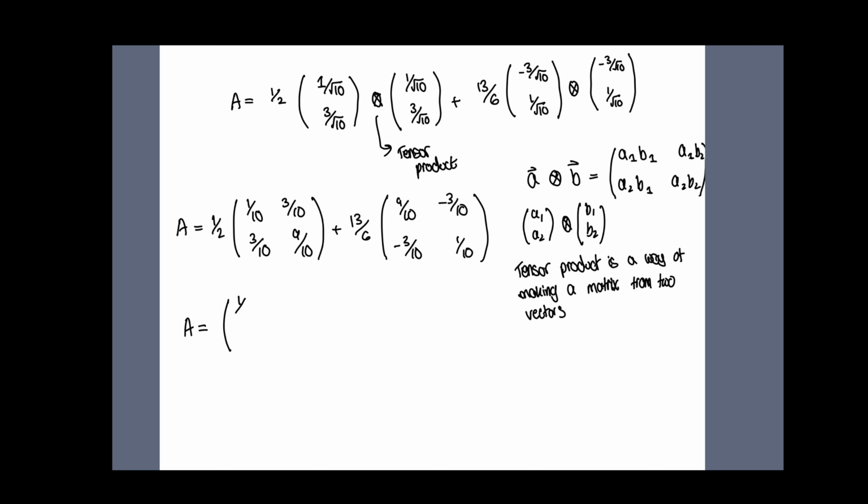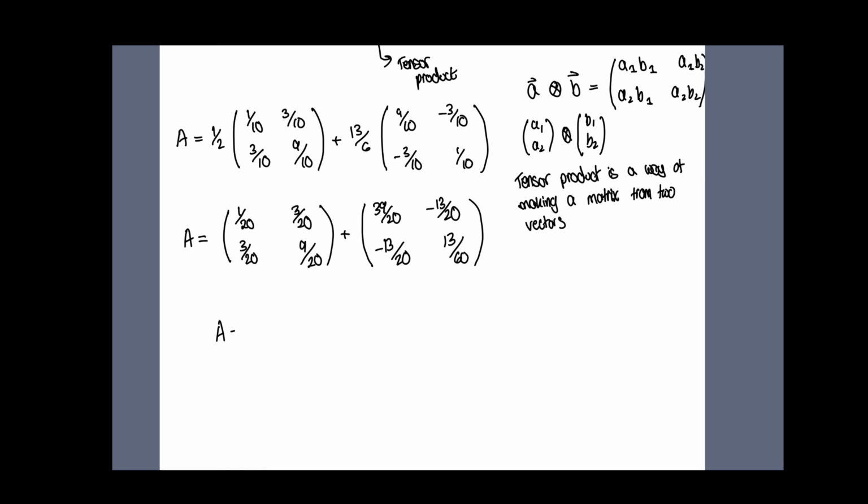And that gives us, if we expand the scalar constants, 1 over 20, 3 over 20, 3 over 20, 9 over 20, plus 39 over 20, minus 13 over 20, minus 13 over 20, 13 over 60. Adding these two matrices up, we get 2, minus a half, minus a half, 2 over 3, which was the matrix A from before, so we have verified that.